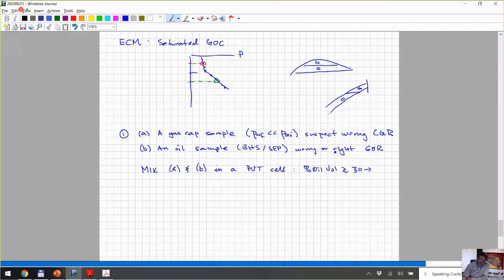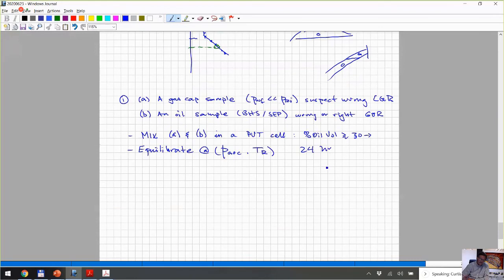Okay. But the idea is that you want to have enough sample of each. When this is equilibrated, you just equilibrate this at the pressure at the GOC and reservoir temperature. And we usually recommend overnight, just a 24-hour.